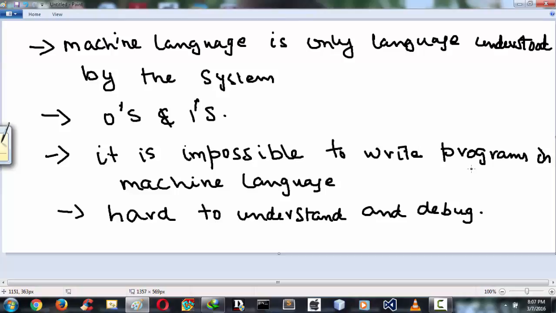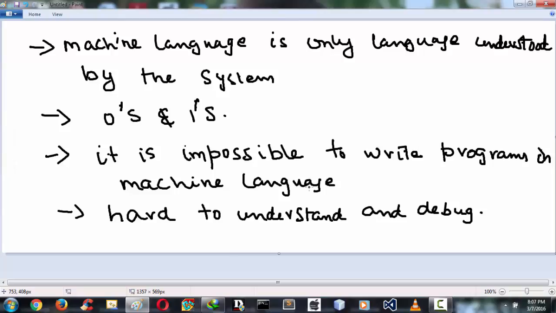It's quite impossible to write programs in machine language, and it is very hard to understand and debug the programs if any errors or exceptions occur. Okay, so these are the various levels of programming languages. There is a connection between the operating system and these levels of programming languages and the birth of C language.